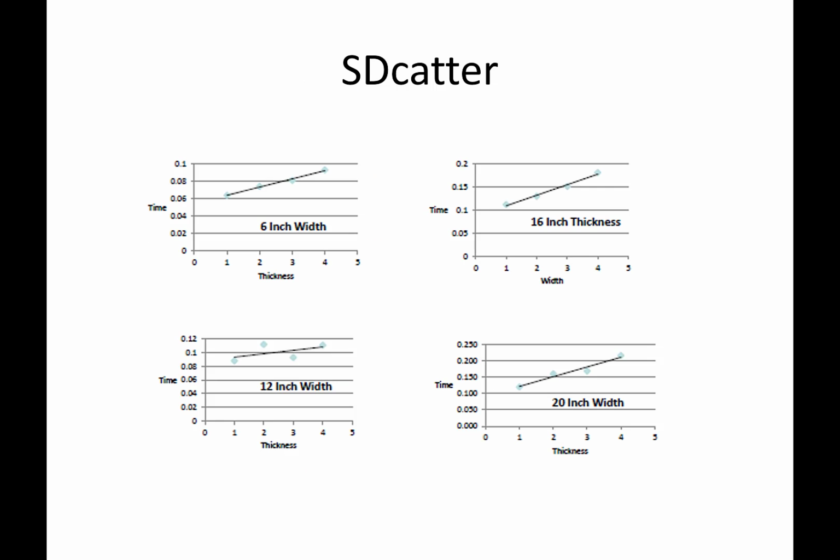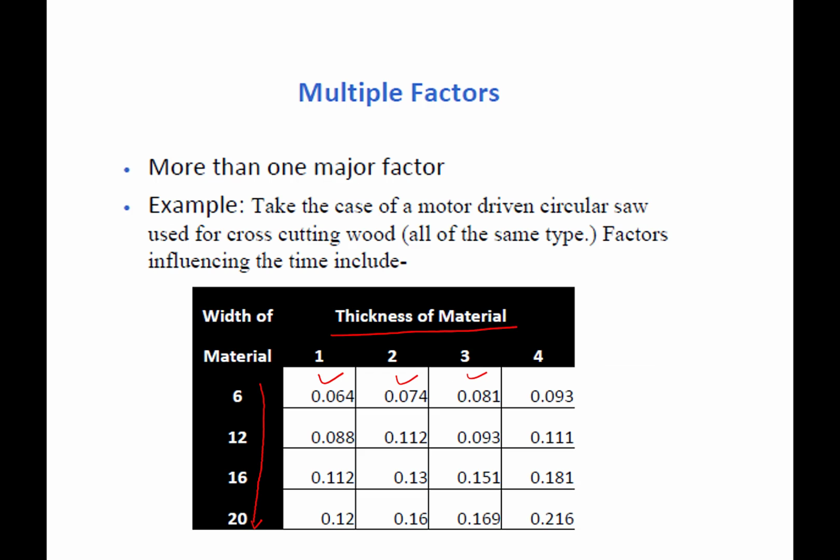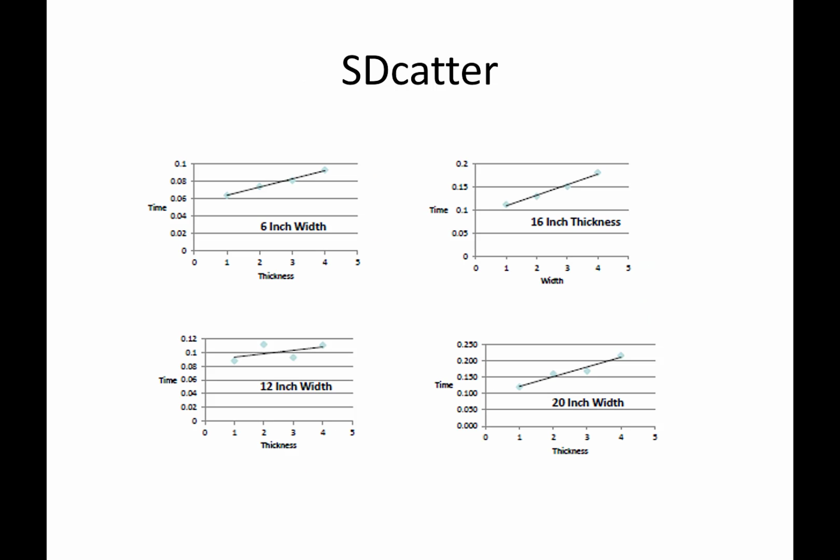So what it shows is that there are two major variables affecting the time. One is width and another is thickness. Okay, so both are significant variables, and we'll be trying to see the relationship here. This is just a scatter plot for different widths, say 6, 16, 12 and 20-inch width, as a function of thickness.